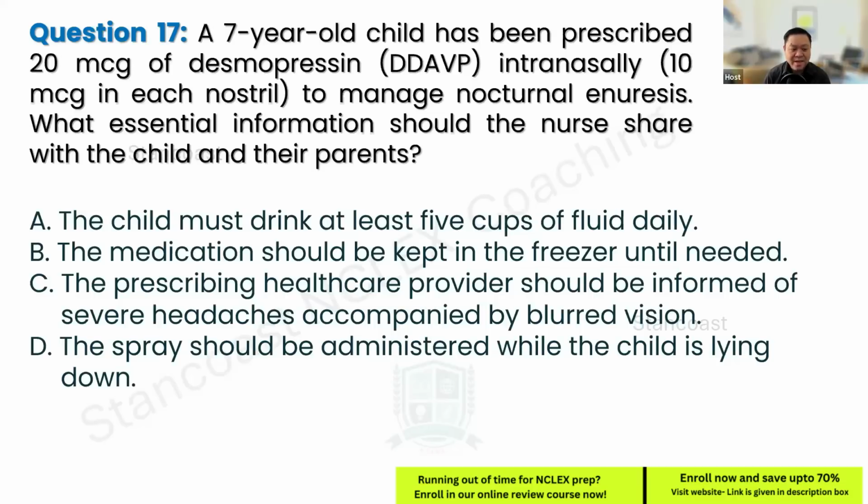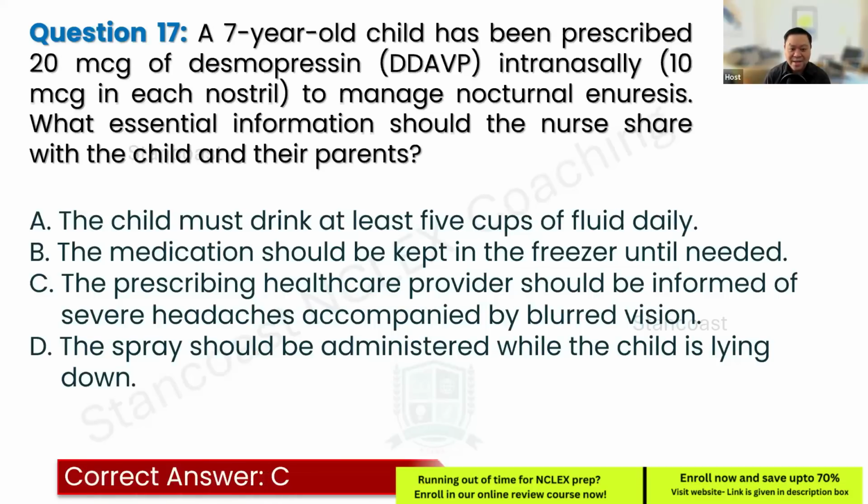The answer here is letter C. Severe headaches and blurring of vision can indicate an overdose, and it warrants immediate notification of the healthcare provider for potential dosage adjustment. If you selected letter A, this is incorrect because fluid intake should be limited, especially before bedtime, to avoid excessive urination.